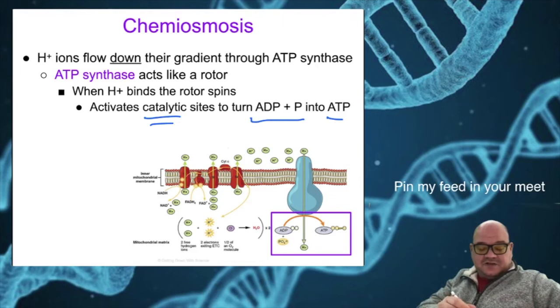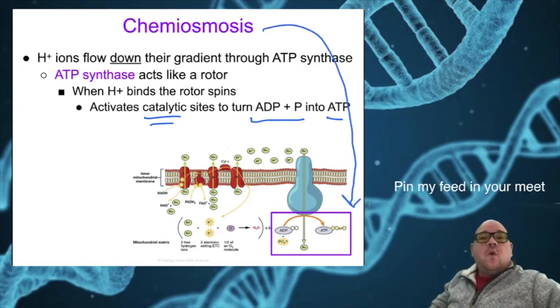And the section we're talking about is right down here. Where does this happen? It happens inside the matrix. ADP is in the matrix.